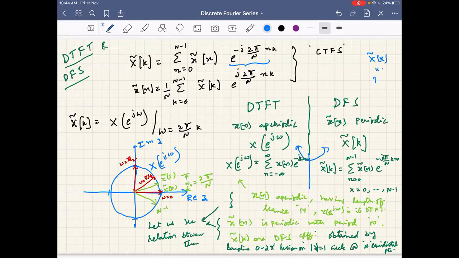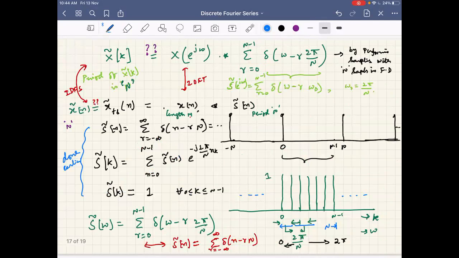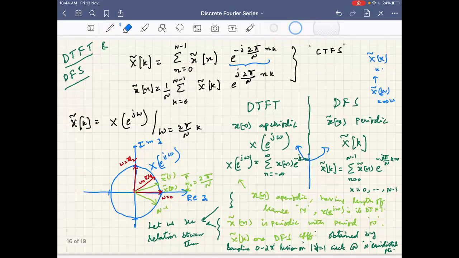But the origin for this is x tilde of e to the j omega, wherein this information of k is represented in terms of omega; you have to scale up from k to omega. That is, 2 pi has to come into the picture, or radians have to come into the picture, because radians are the only unit.